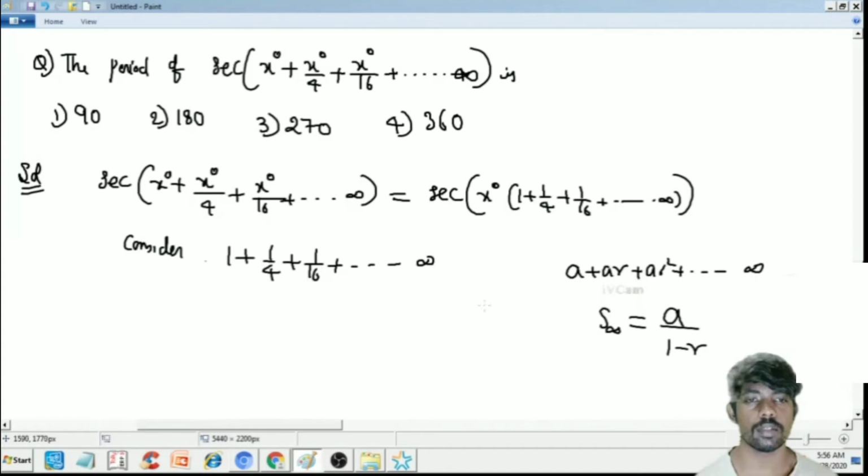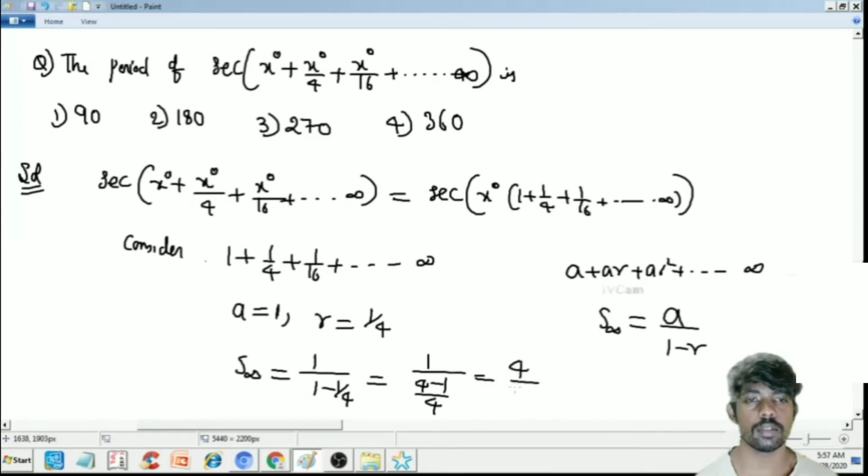So I am using this formula. Here a is equal to 1, and r is equal to 1 by 4. Sum to infinity is equal to 1 by 1 minus 1 by 4. Taking the LCM, 4 minus 1 by 4, the 4 goes there, giving 4 by 3.